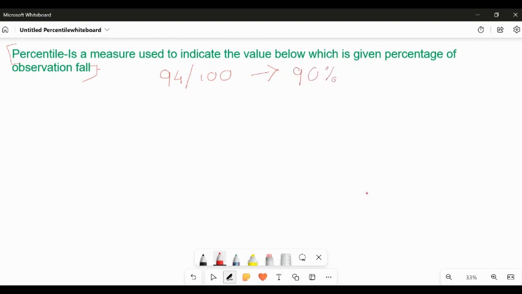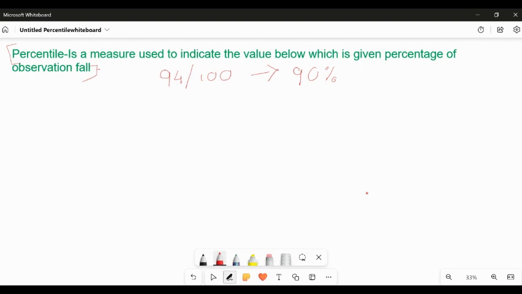Okay, if I say that I got 90 percentage, then it means the total marks that I have received are divided by the total number of marks of that exam.